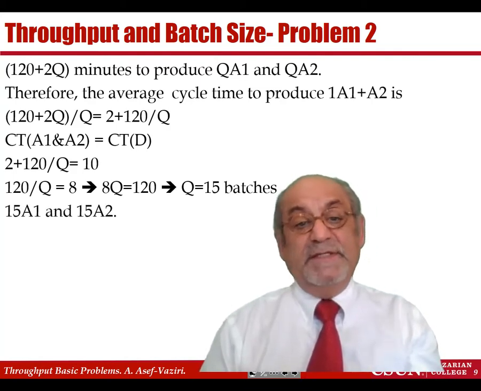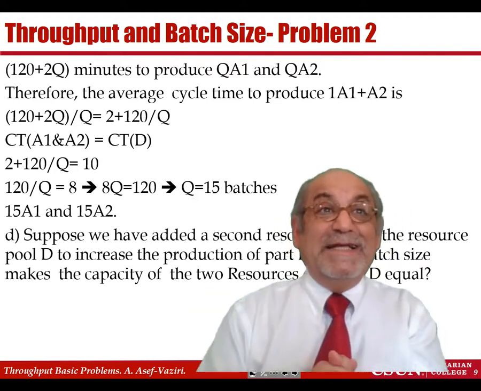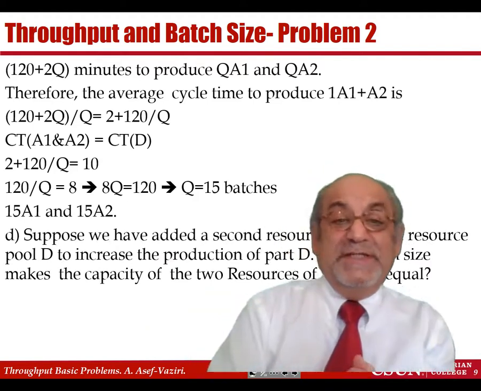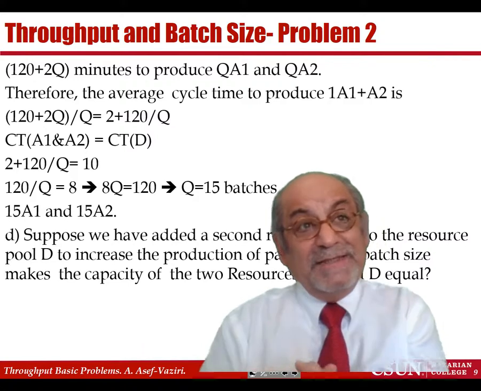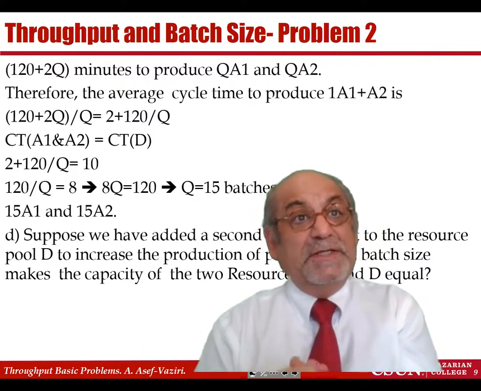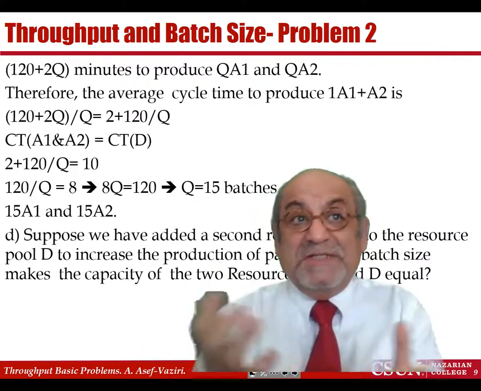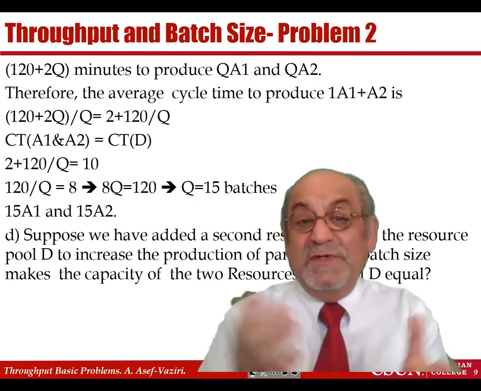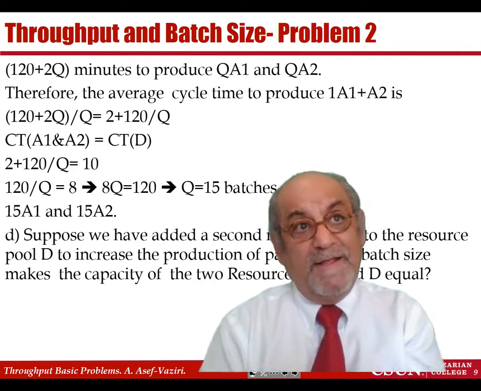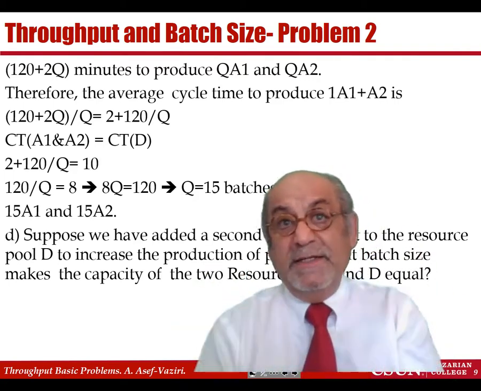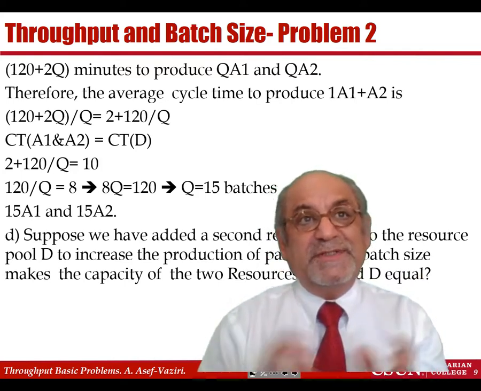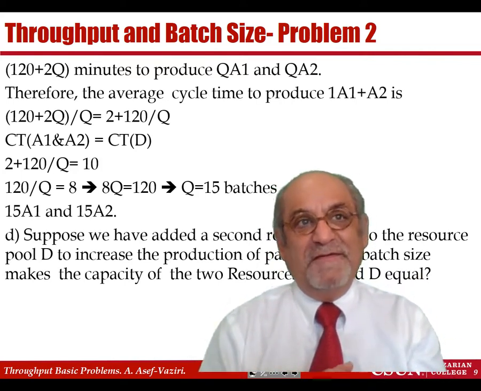15 A1 and 15 A2. Now suppose we have added a new resource to resource D. Therefore, capacity of that station is not 6 per hour anymore, it is 12 per hour. Cycle time was 10, now because I have two resources, cycle time becomes 5.